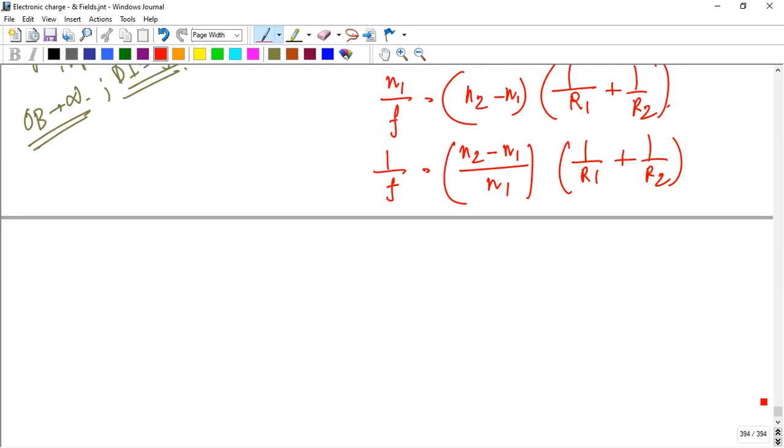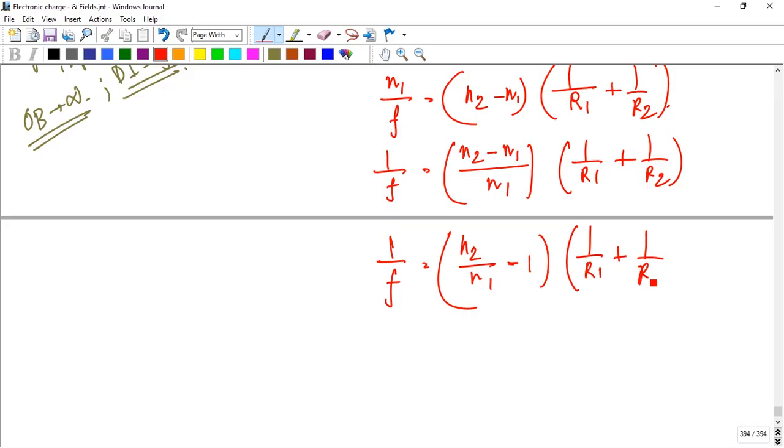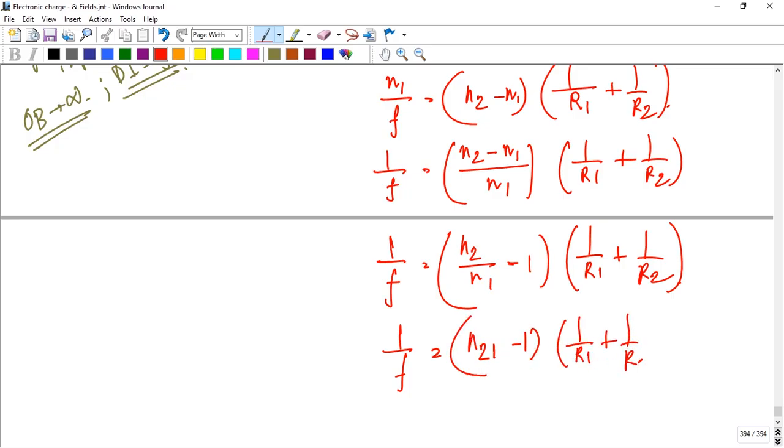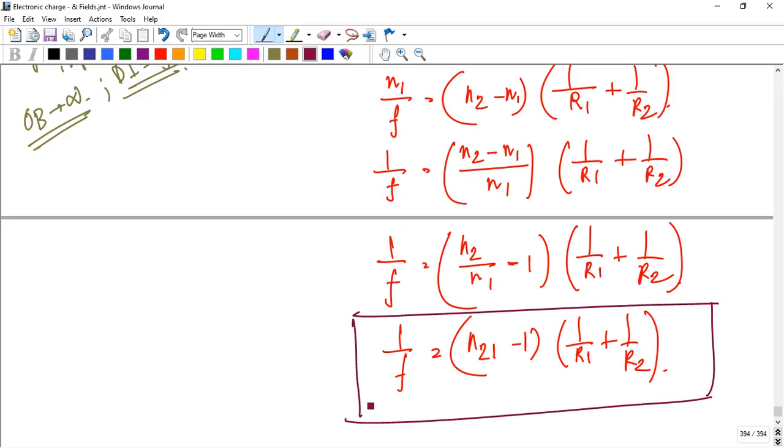Next page: 1 by F equals N2 by N1, N1 cancels, minus 1, times 1 by R1 plus 1 by R2, and that is the lens maker's formula.